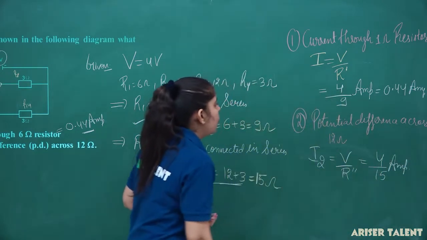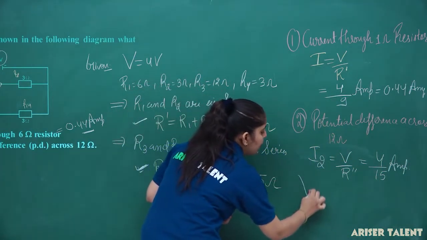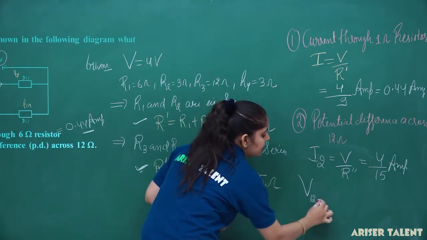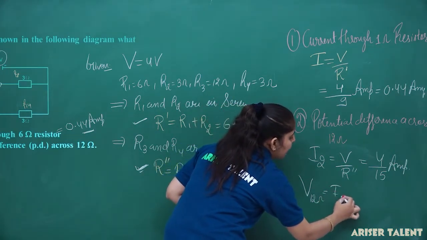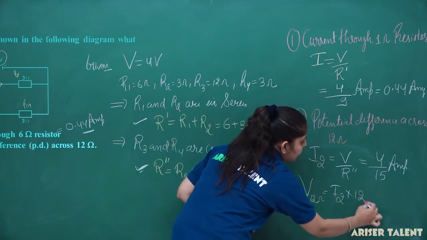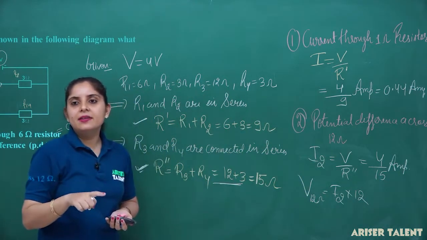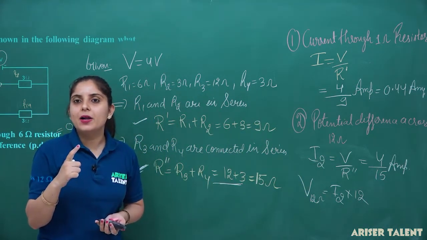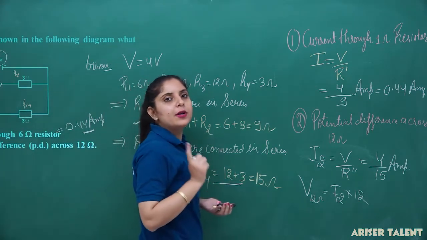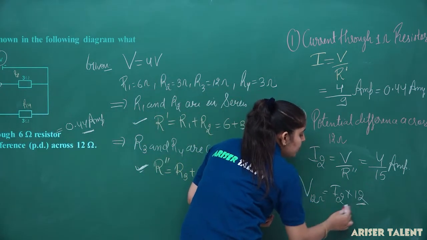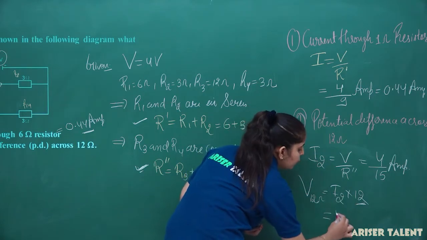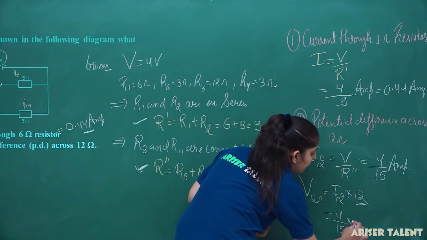Now you have to calculate the potential drop across the 12 ohm resistance. So it came out to be I2 into 12, because it is the current I2 that is flowing in the second half part of the circuit, and the resistance is 12 ohm. So I am multiplying it by 12. So it came out to be 4 upon 15 into 12.